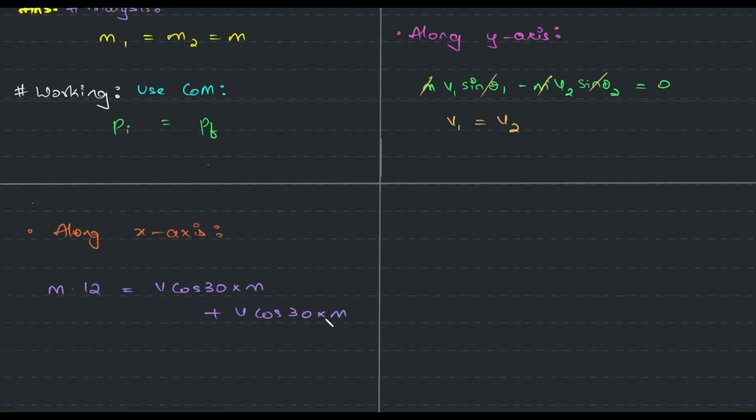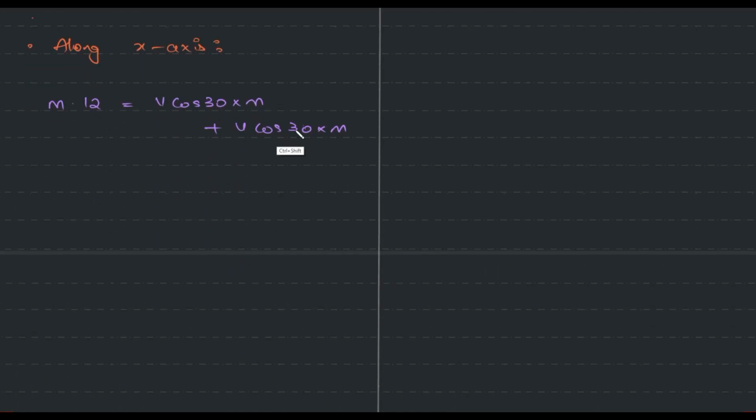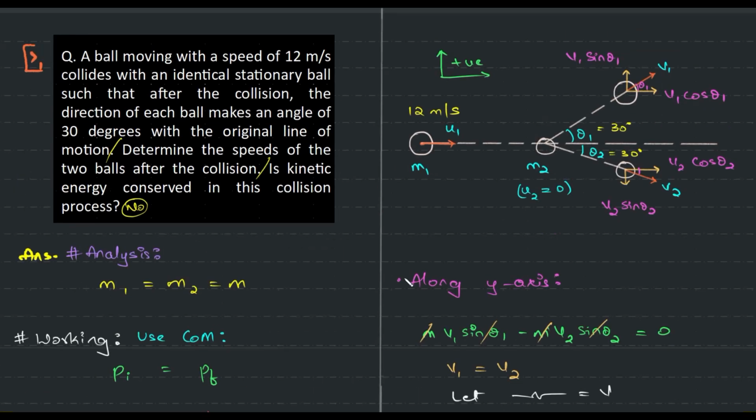Since v1 is equal to v2, let me call this v, and everything is positive over here. So m gets cancelled and we have to figure out v. So this will be 6 root 3, so 2 root 3 is equal to v. So many meter per second. Okay, so that's your answer.